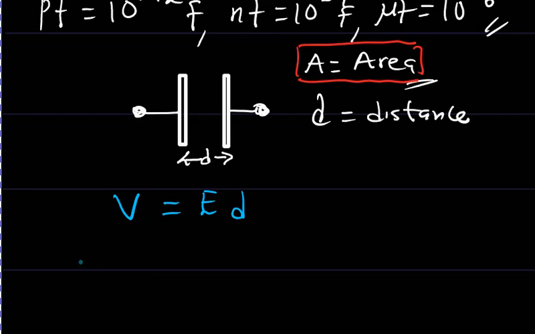All right. So from here now, we can do some substitution. Electric field we also know is equal to electric flux density, or better still, we know that electric flux density is equal to permittivity times the electric field.